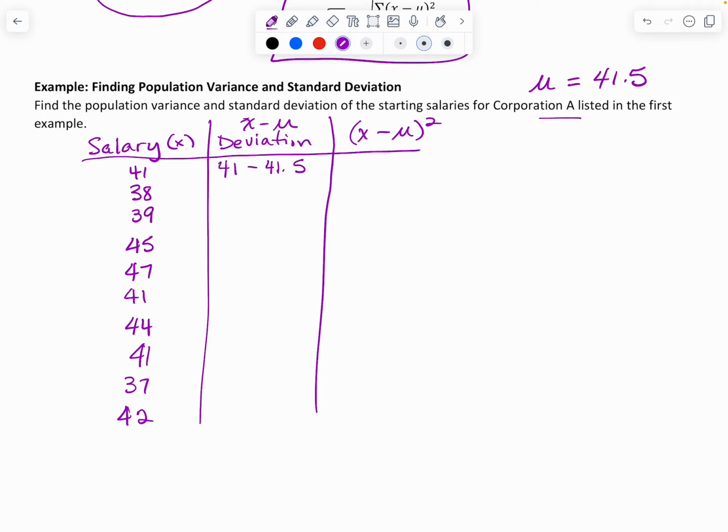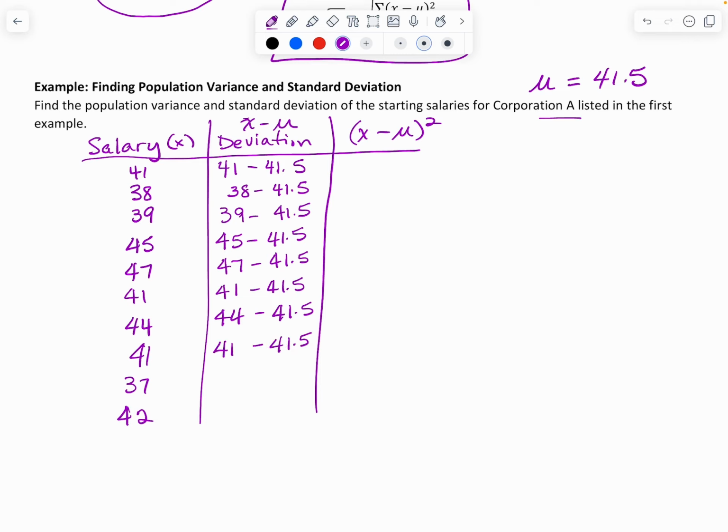So 41 minus 41.5, 38 minus 41.5, 39 minus 41.5, 45 minus 41.5, 47 minus 41.5, 41 minus 41.5, 44 minus 41.5, 41 minus 41.5, 37 minus 41.5, and 42 minus 41.5.